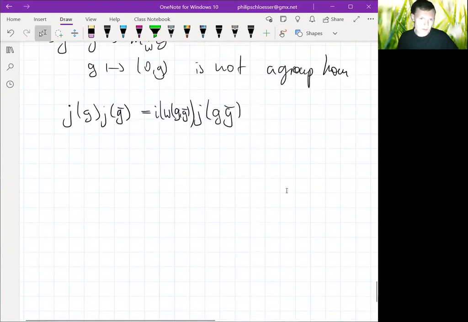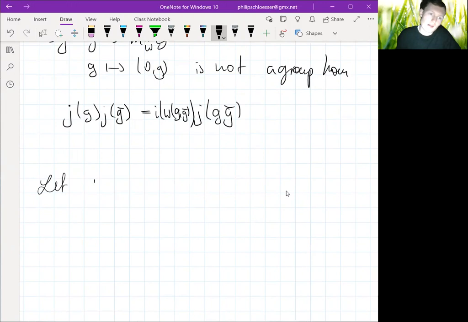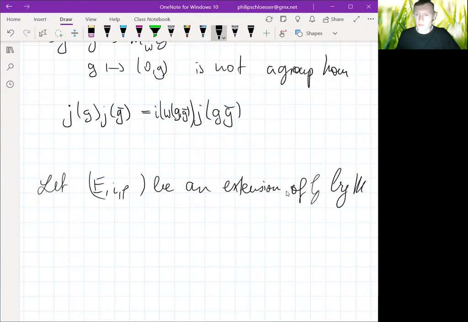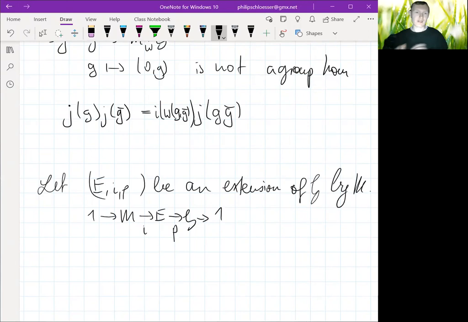So equipped with this, let E, I, P be an extension of G by M. We want to show that E is isomorphic to some cocycle product of M and G. So we have the exact sequence 0, M, E, G, 1, with maps I and P. At least in the category of sets or pointed sets, this exact sequence always splits, meaning that since our map P is surjective, it has a section.